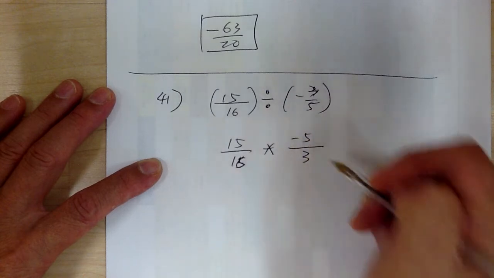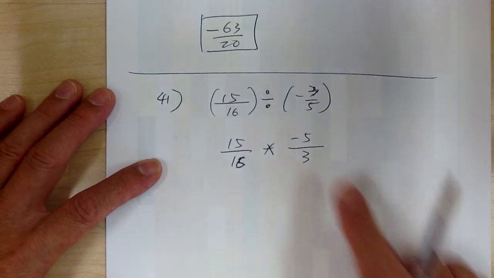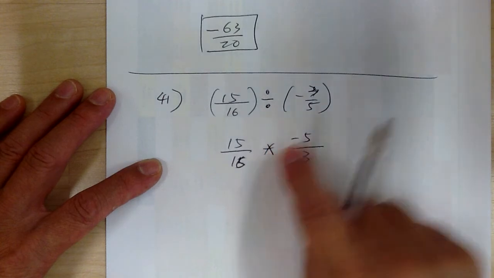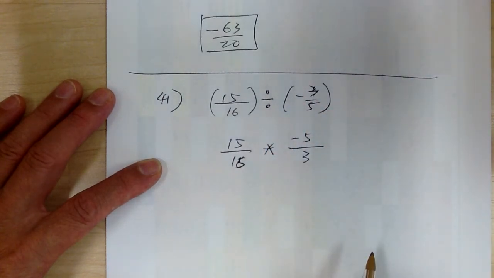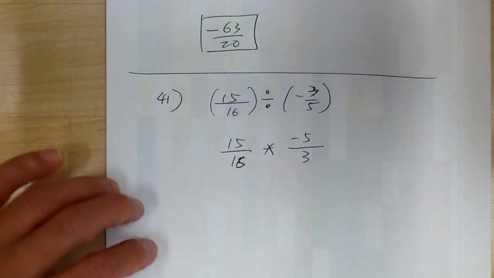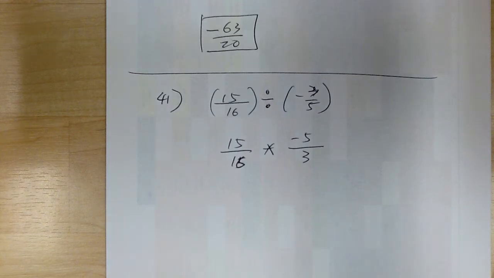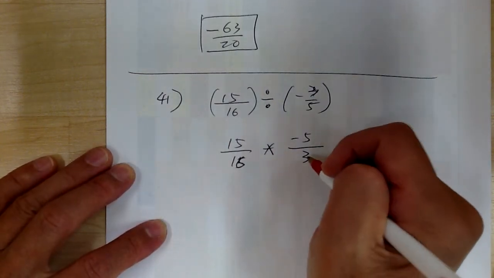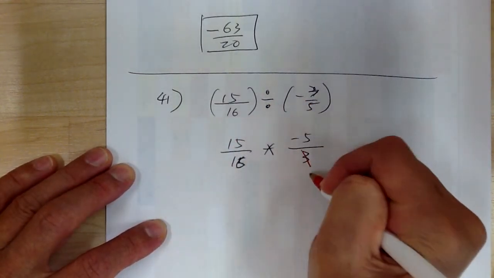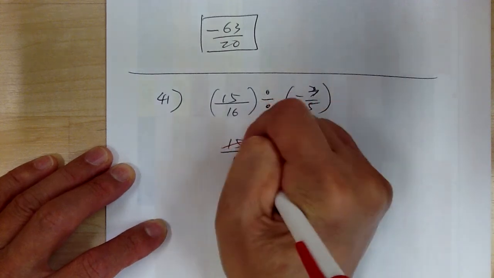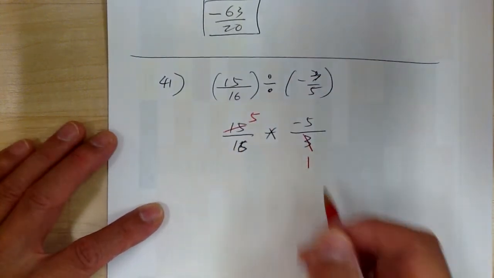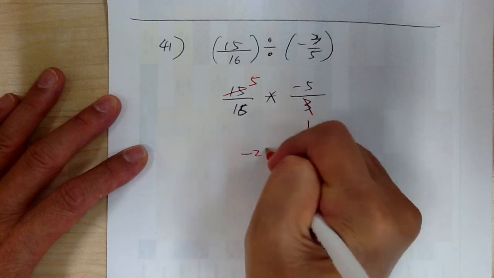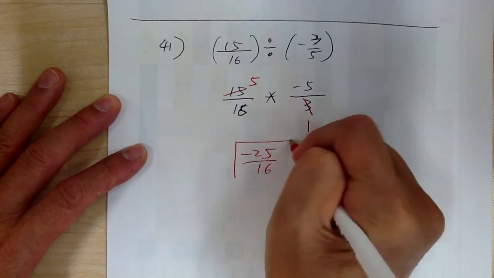Okay, again, you should know that from elementary school, right? So convert the division into multiplication and flip upside down. Then after that, try to cancel things out so your number does not become really big. So 3 and 15 can cancel out. Divide by 3, you get 1. Divide by 3, you get 5. So your final answer would be negative 25 over 16.